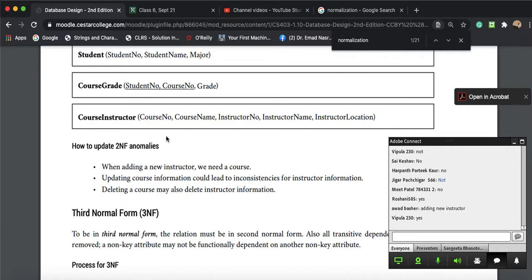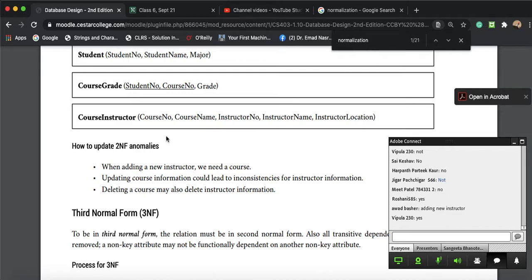How about updating? I will have problems for updating. If I want to update the instructor name, or if I want to update the instructor number, I will have problems. How about deleting?